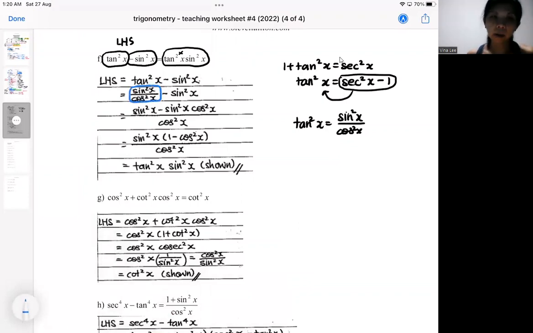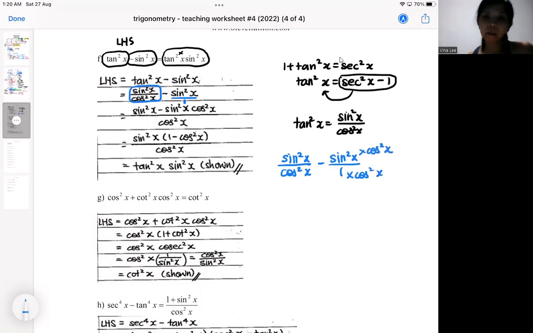After this, I try to make the same denominator. So this is like over 1, and I got to multiply cosine square on top and bottom.